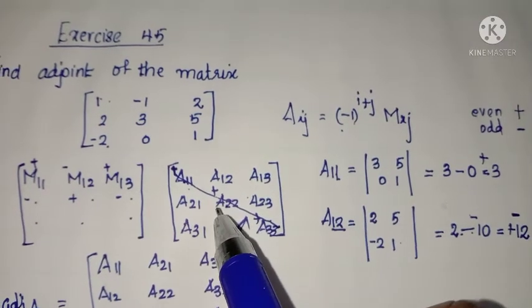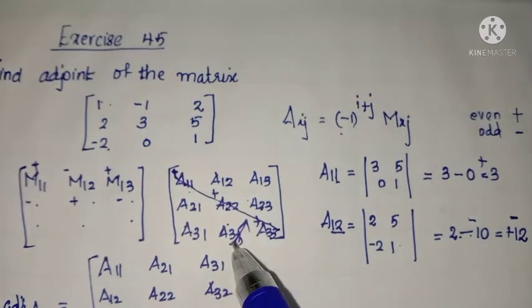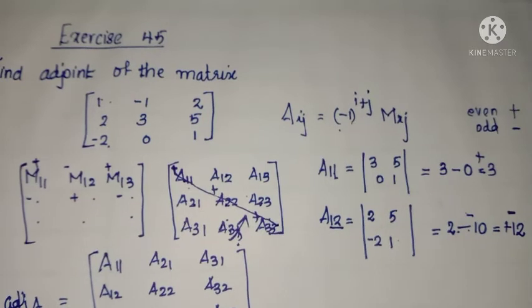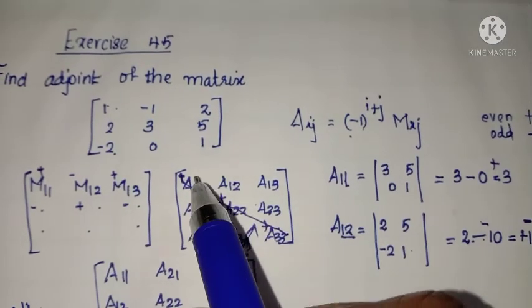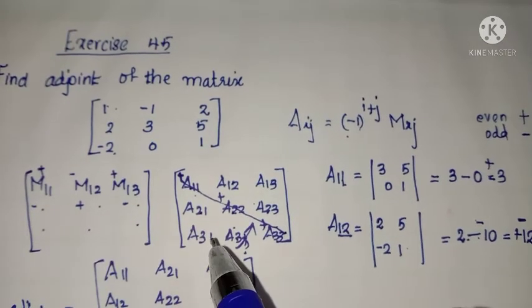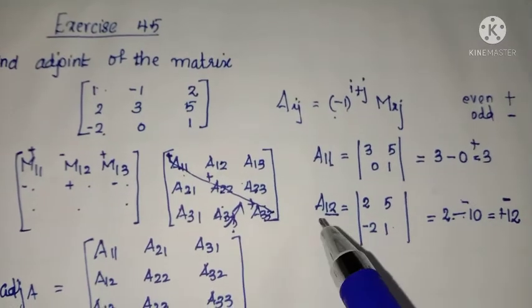Non-diagonal entries means A12, A21, A23, A32, all these are non-diagonal entries. So give a positive sign to diagonal entries and a negative sign to non-diagonal entries, and you will get the answer.